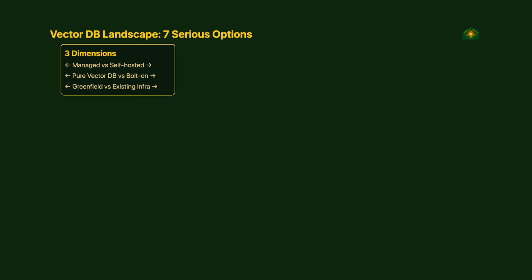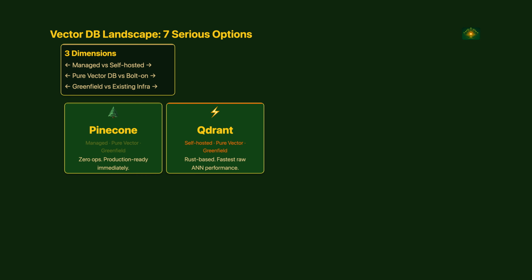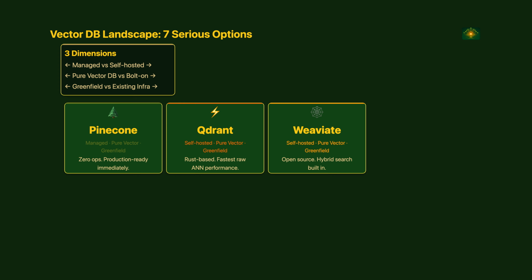7 serious options right now. 3 dimensions matter to architects: hosting model, whether it's purpose built for vectors, and what existing infrastructure you're working with. Pinecone, fully managed, zero ops, production ready on day 1. Qdrant, self hosted, written in Rust, fastest raw ANN performance. Weaviate, open source, hybrid search built in from the start.